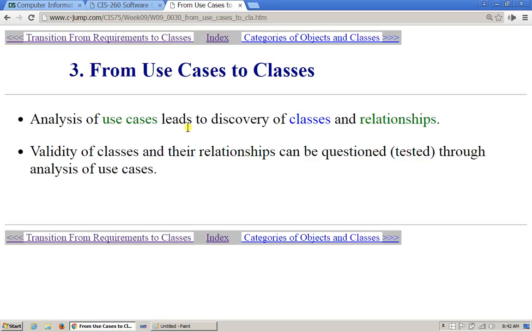So the analysis of use cases leads to discovery of classes and relationships between those classes. Most of the relationships fall into the category of association and inheritance. So inheritance specifies further or deeper classification, whereas association, of course, simply ties things together because we think that these classes somehow interact or interoperate or contain themselves.